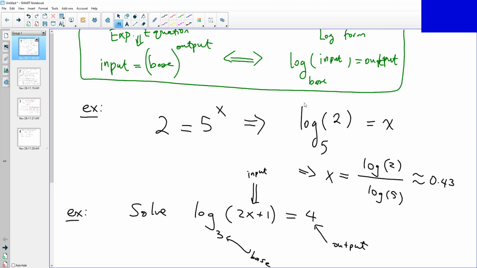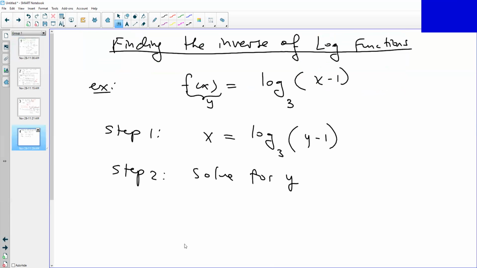Okay. So now since I have a log, then I have 3 things. I have the input, which is inside, I have a base right here, and then I have the output on the other side of the equality. Let me write those again.